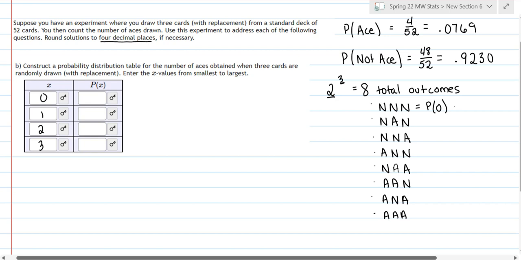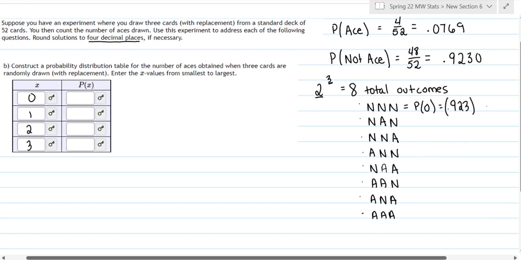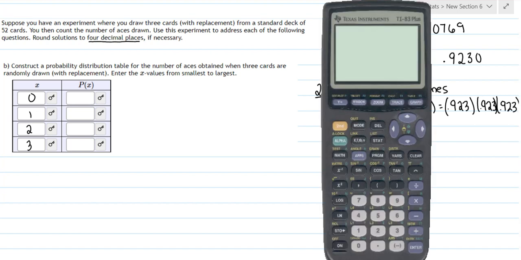So I would do 0.923 times 0.923 times 0.923, or 0.923 to the 3rd. So 0.78, and we're doing 4 decimal places, 0.7863.